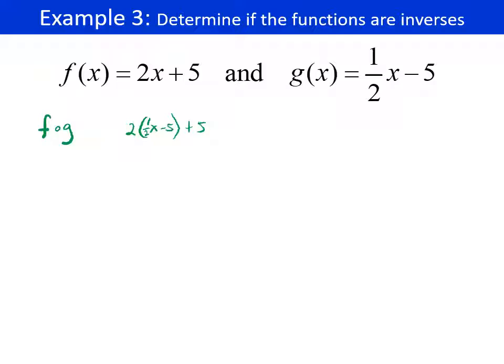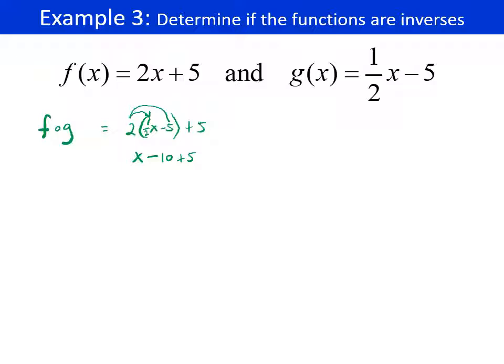So if we do f of g, we get 2 times 1/2 x, which is just an x, and 2 times negative 5, which is negative 10.